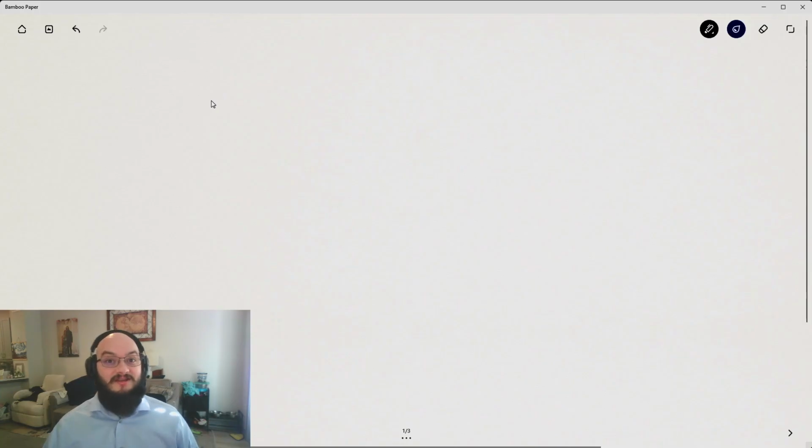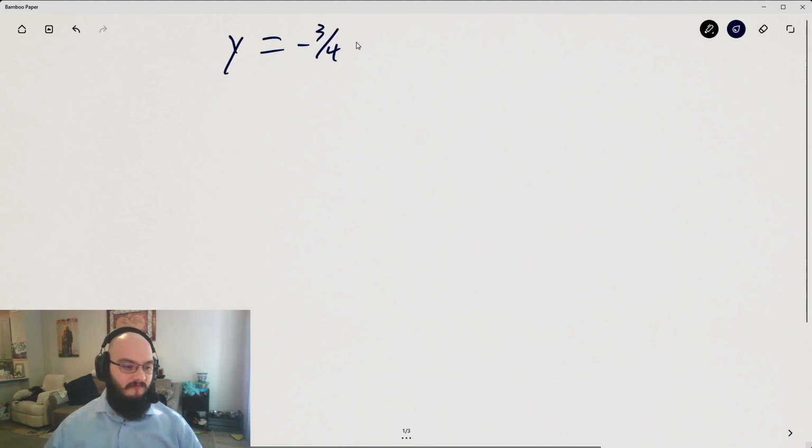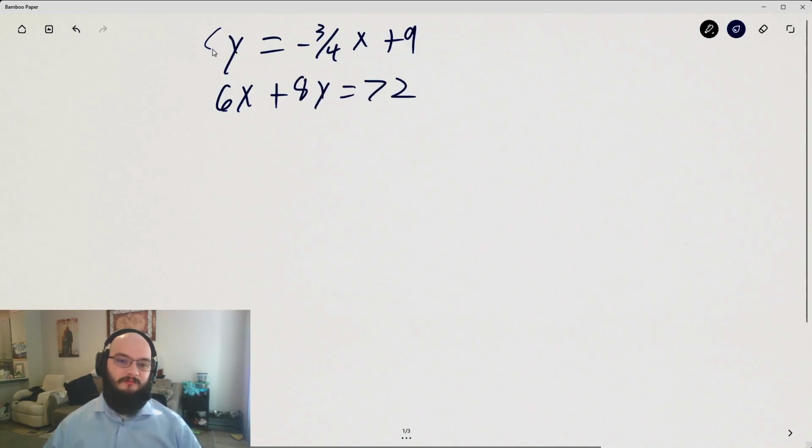The other special case that you can come across instead of no solutions is you could have infinite solutions. And here's what that looks like with substitution. Y is equal to negative 3/4 x plus 9, and 6x plus 8y is equal to 72.